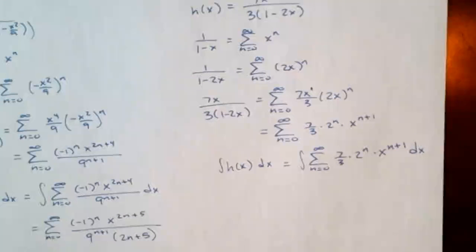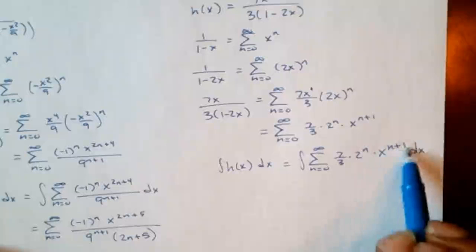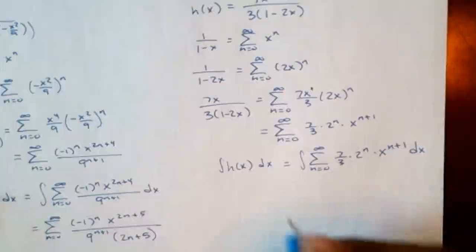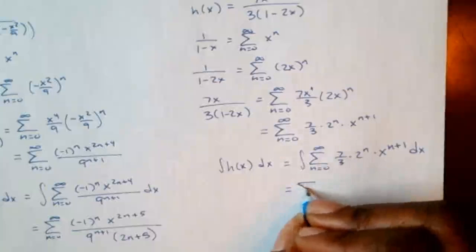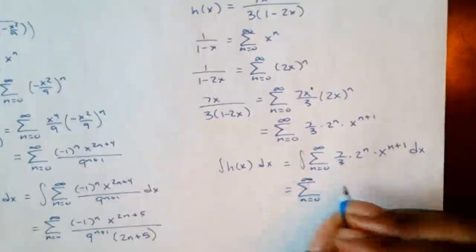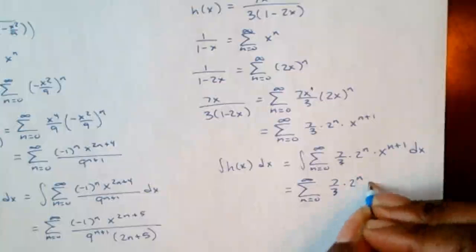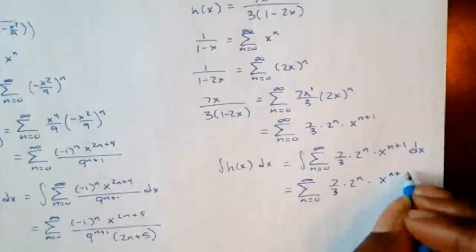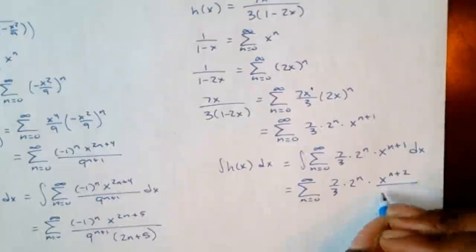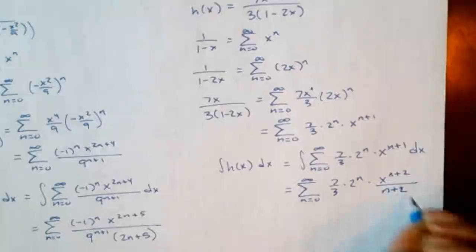And again, remember, we're only focused on the piece that has x because we're integrating in terms of x. So I'm going to take that exponent, add 1, and divide by the new one. And so when I do that, I get the sum n equals 0 to infinity, 7/3 times 2 to the n times x to the n plus 2, because I added 1, over my new exponent of n plus 2.